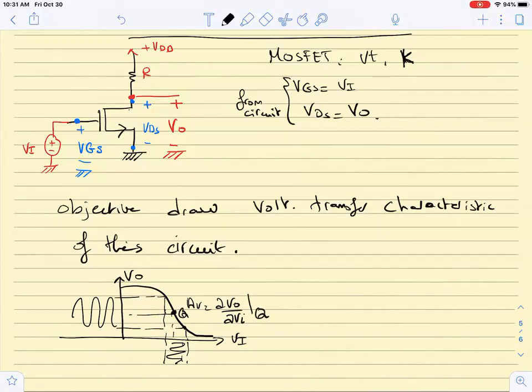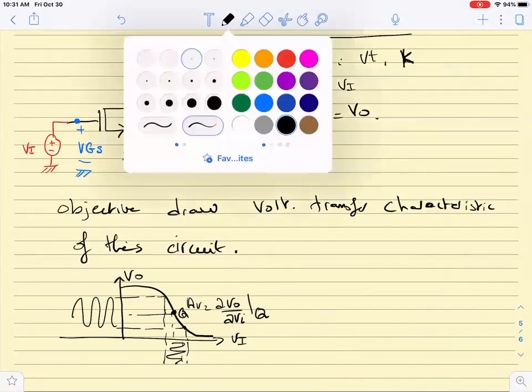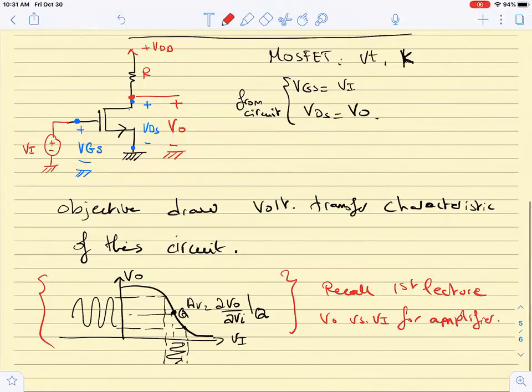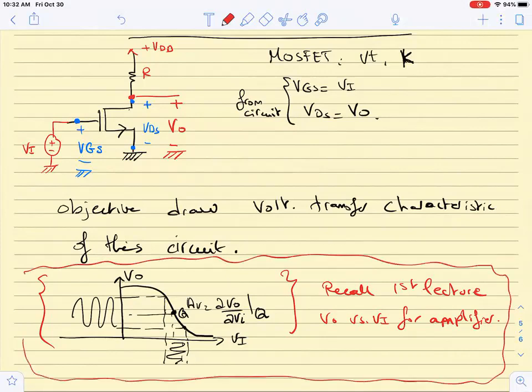So this voltage transfer characteristic, we need to recall from the first lectures that we studied the voltage transfer characteristic, VO versus VN, for the amplifier. Now what we are going to see is a side box showing how this circuit is going to provide such a voltage transfer characteristic curve.